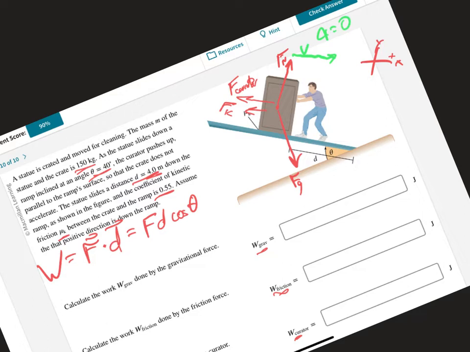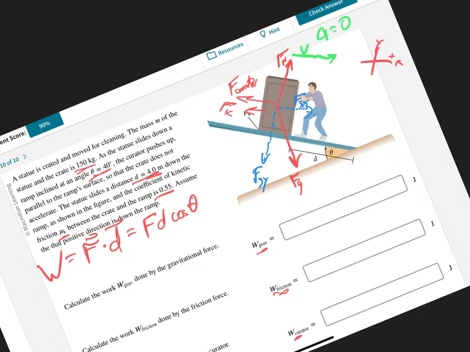The curator force is in the negative x direction. The normal force is in the positive y direction. There's only one now that's at an angle, and it's the gravitational force. So the gravitational force is going to have a y component, Fgy, and an x component, Fgx.